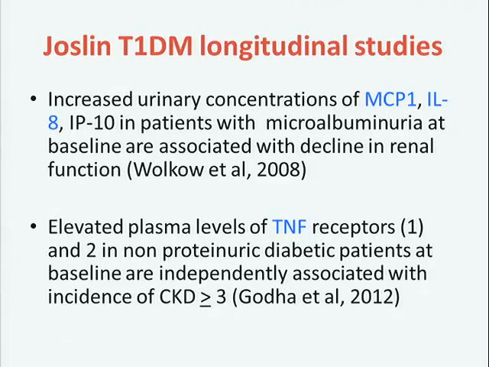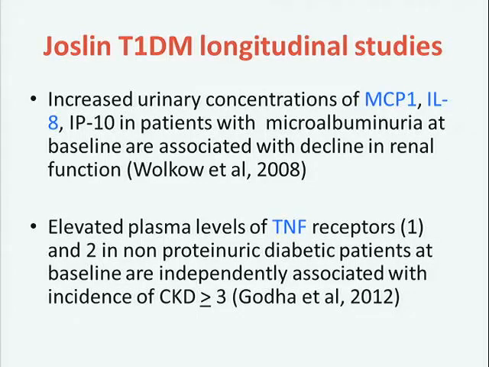The first study was published by Wolko in 2008, and it showed that increased urinary concentration of MCP1 and IL-8, two that we have in our study, as well as interferon gamma protein 10, in patients who were microalbuminuric at baseline and had normal glomerular filtration rate, was associated over time with a decline in renal function.